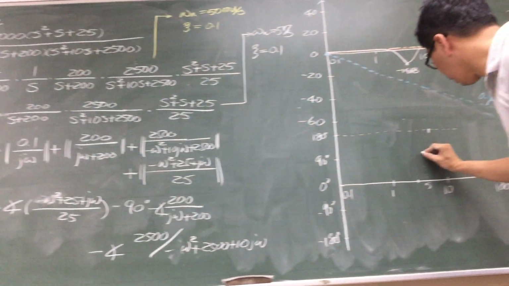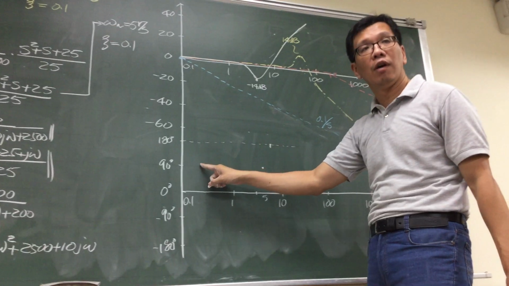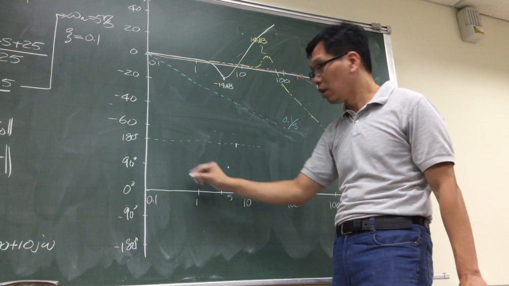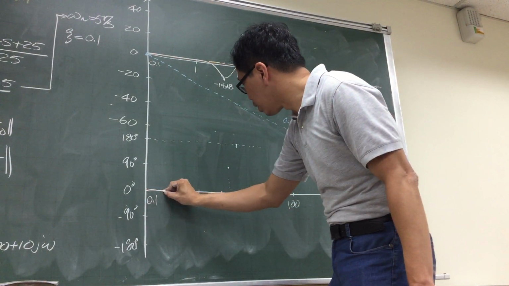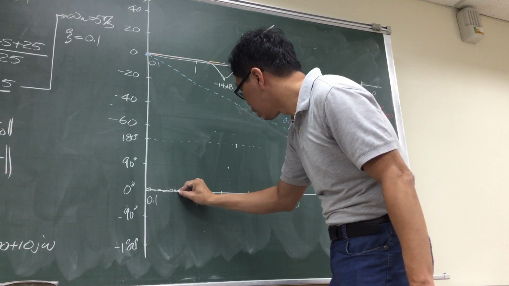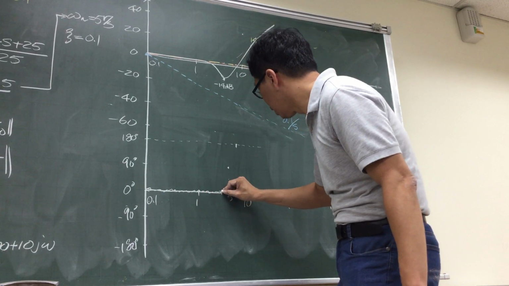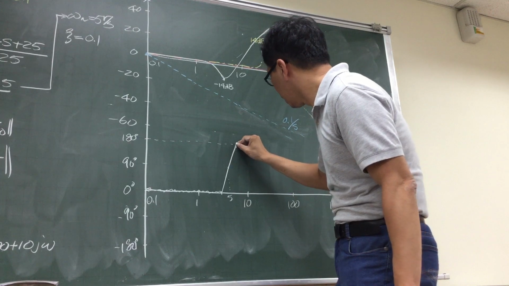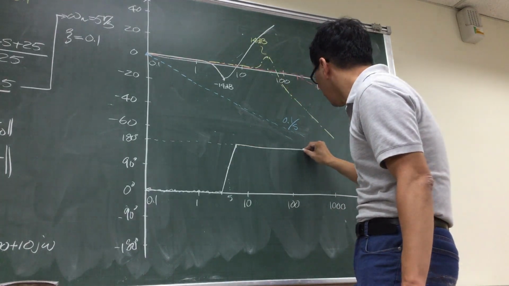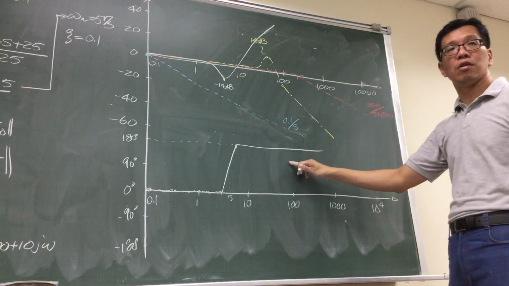So I know at 5, I must have positive 90 degrees. So this is going to be this phase.